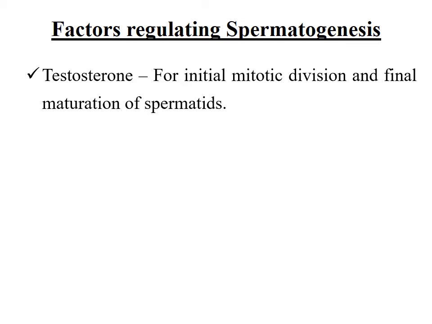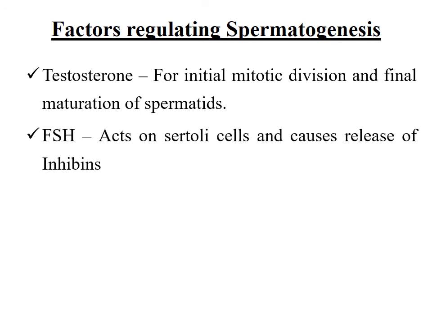Once produced, the testosterone diffuses into the seminiferous tubule, and then it binds to the androgen binding proteins where the concentration of the testosterone is maintained. And that is essential for the developing stages of spermatogenesis.